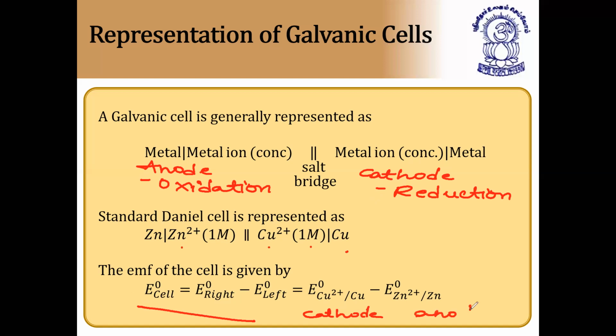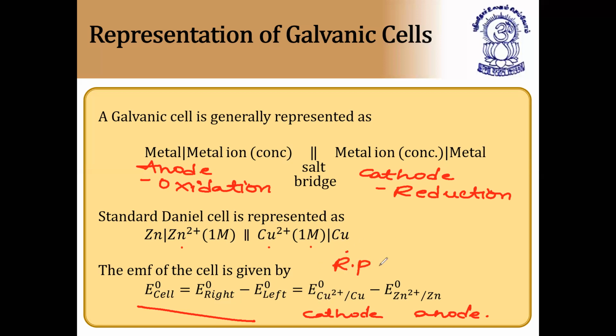The potential difference developed in the reduction process is called reduction potential. How can I say reduction potential? Because here copper plus 2 changes to 0, copper metal. Definitely we can say it is undergoing reduction. The potential difference developed in this process is called reduction potential, I'm writing here RP.